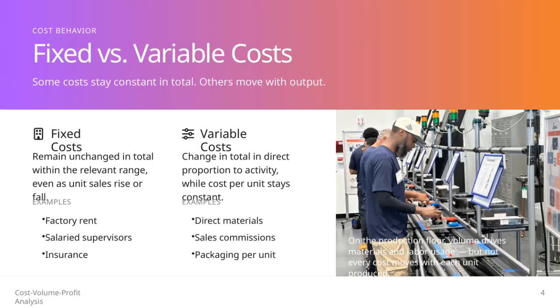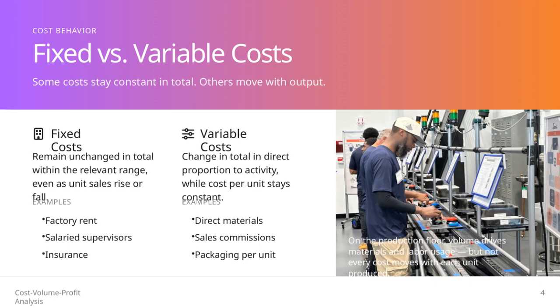Now, let's talk about cost behavior, focusing on fixed and variable costs. Fixed costs remain unchanged in total within a relevant range, no matter how much unit sales increase or decrease. For example, factory rent, salaries for supervisors, and insurance costs stay the same regardless of production levels.